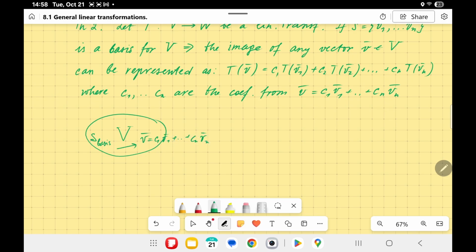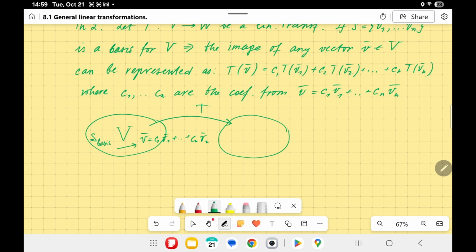If we apply a linear transformation to this vector V, according to the properties of linearity, homogeneity and additivity, instead of applying the transformation to the vector V, we can apply the transformation to each basis vector and then multiply those images of basis vectors by the same coordinates or constants we were using over here.